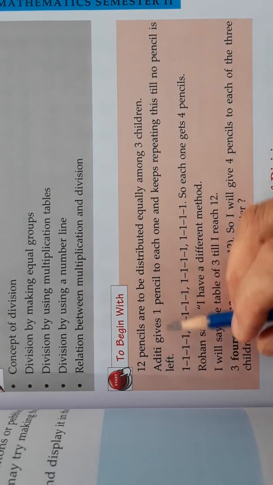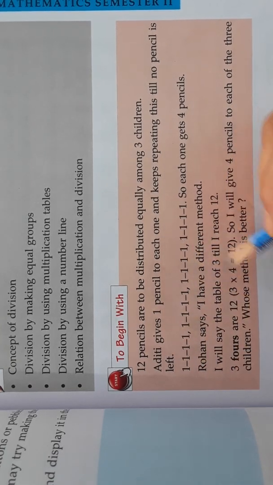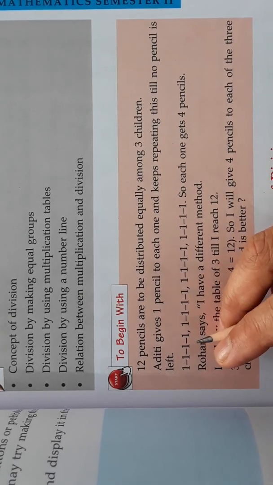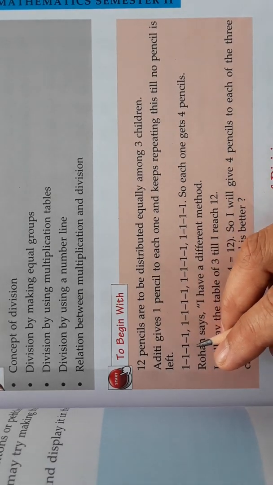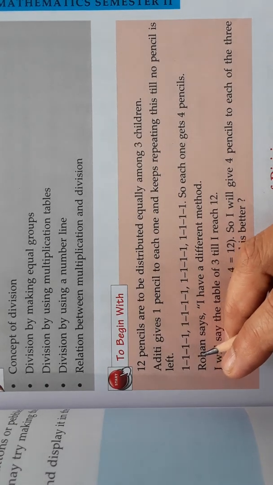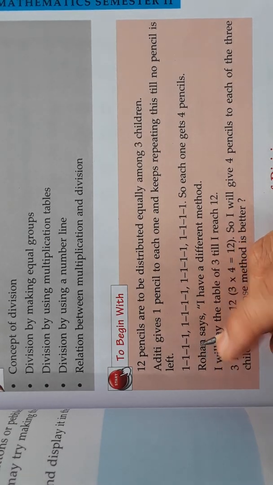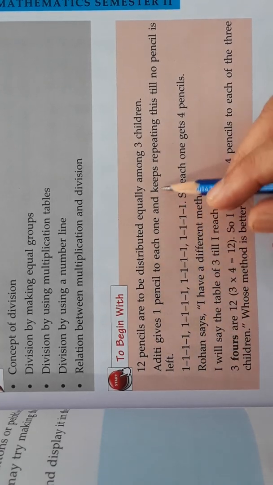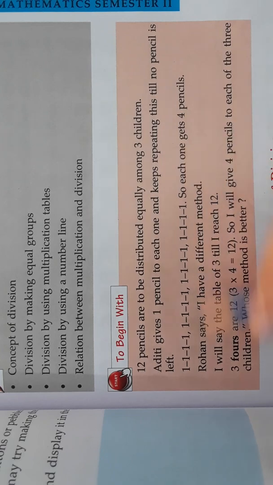Here Aditi gives 1 pencil to each one. Aditi is having 12 pencils, and she is going to give them to 3 of her friends. First she will give 1 pencil to each one and keep repeating this till no pencil is left.